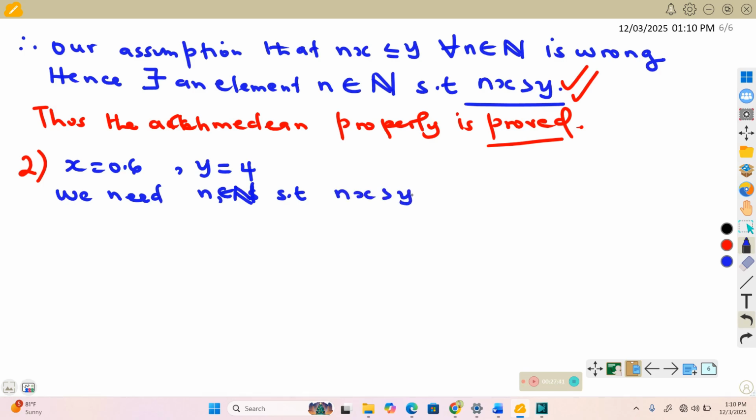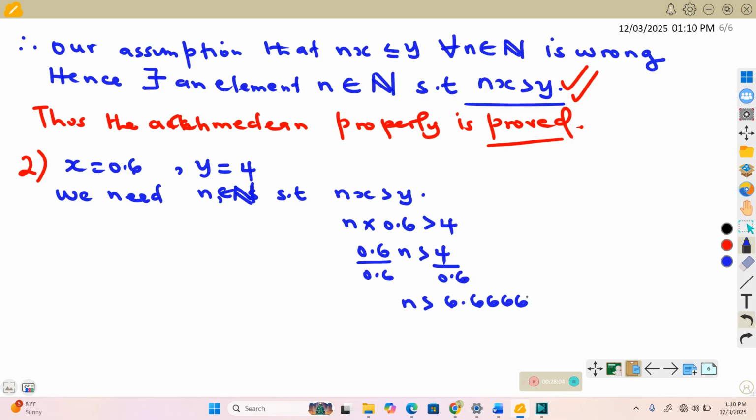So n times 0.6 should be greater than 4. So n is greater than 4 divided by 0.6, which gives us 6.6666, recurring.